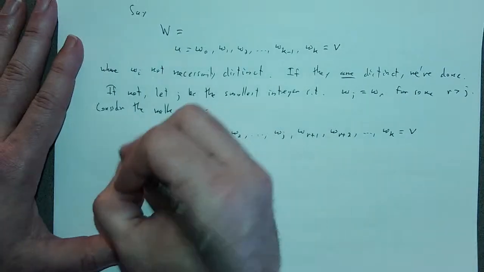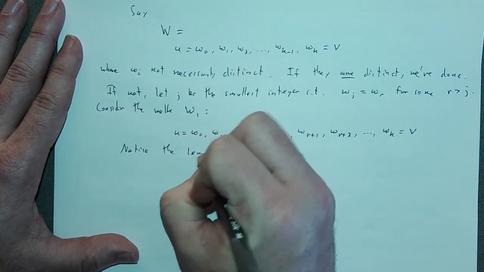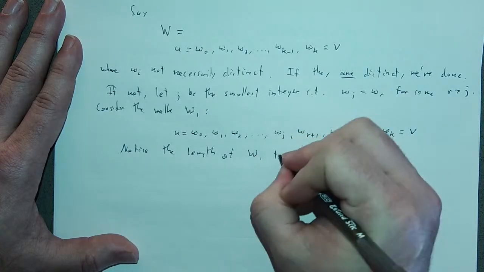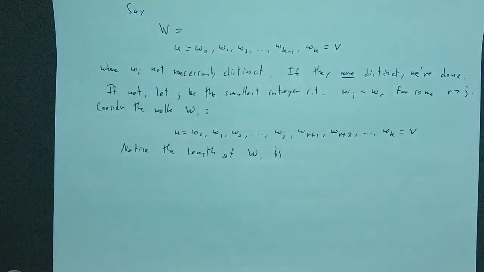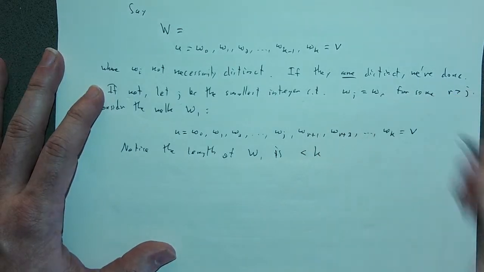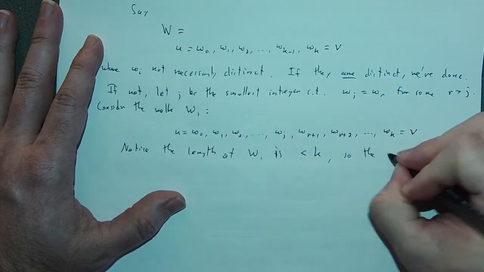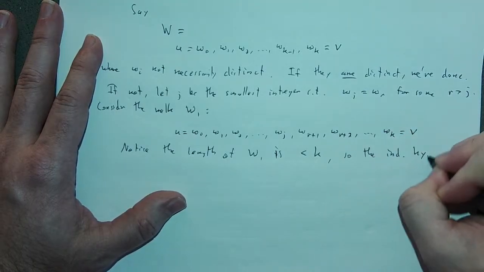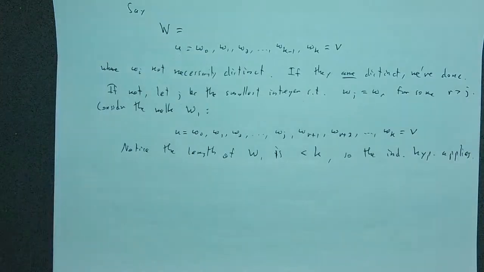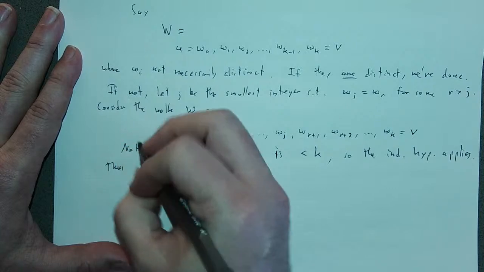So notice the length of W1 is less than K. So the inductive hypothesis applies. Thus, W1 contains a UV path.